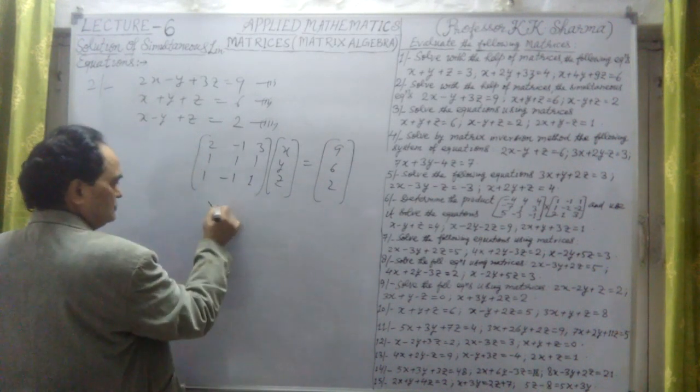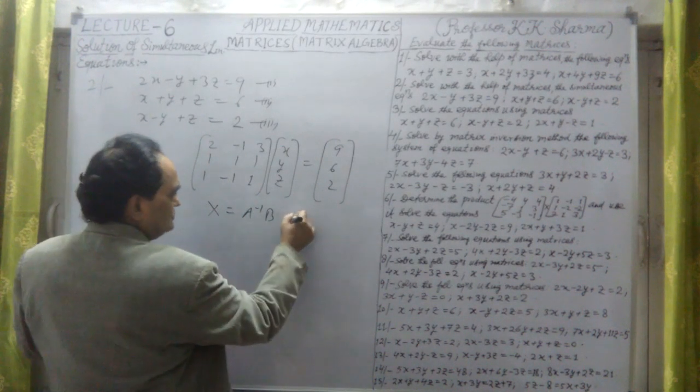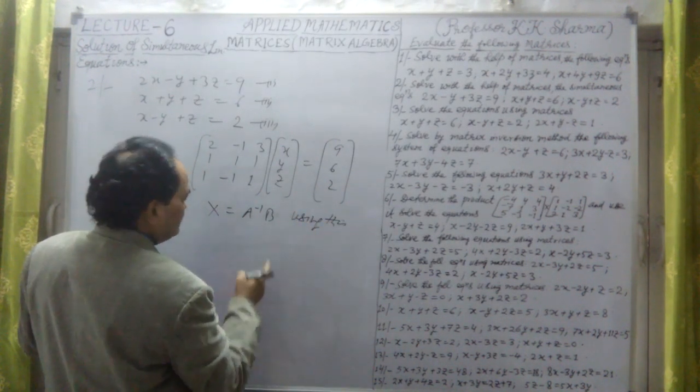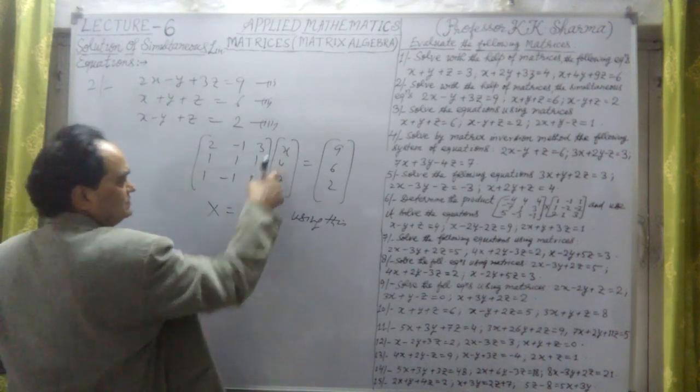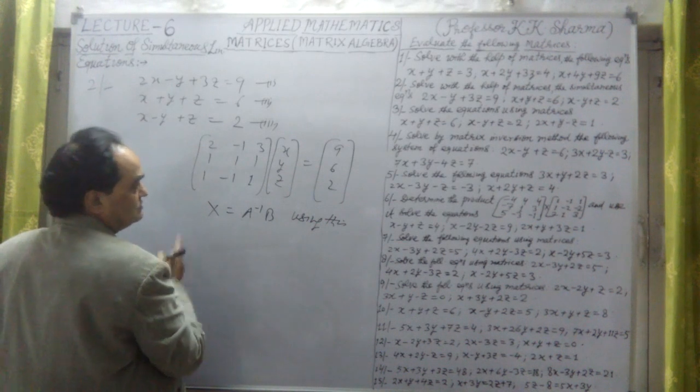Therefore, X equal to A inverse into B. Using this, we can get x, y, z. A inverse is the inverse of this matrix. This is A here.